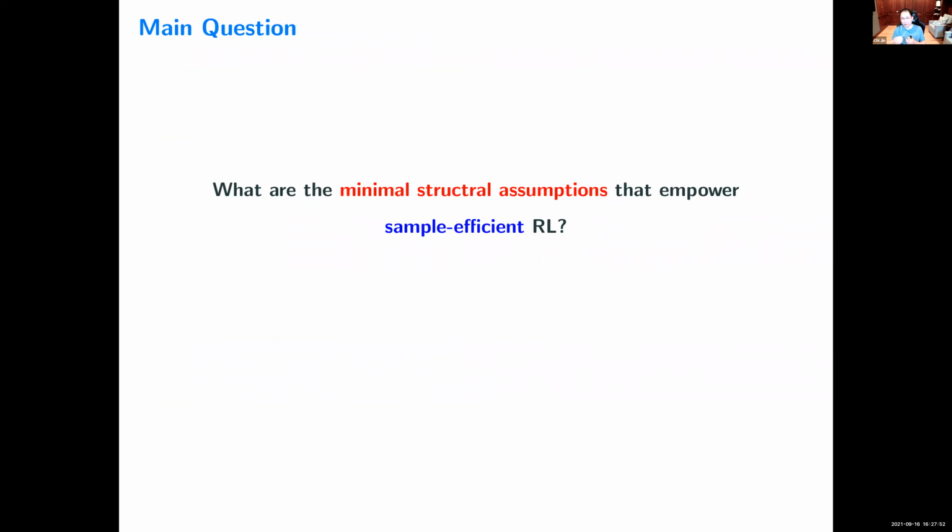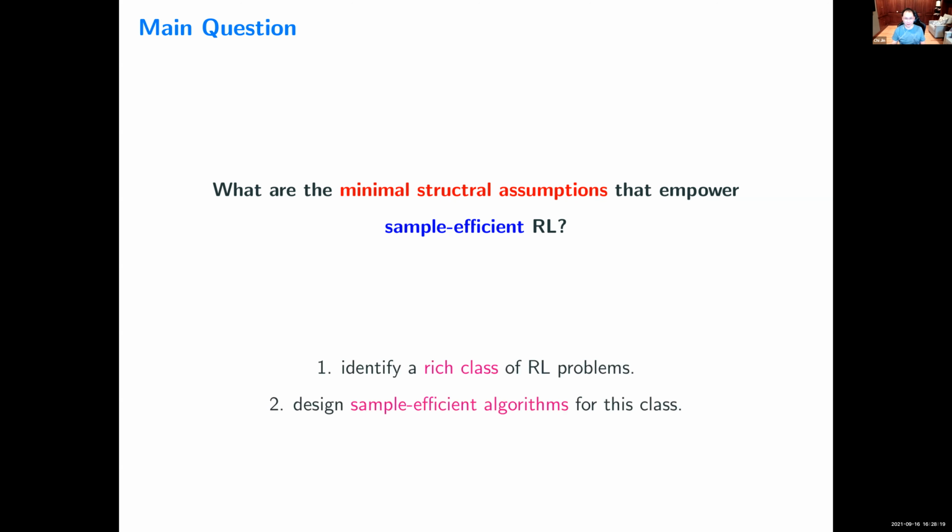So basically, the question we should ask here is, what is the minimal structural assumption I should impose on general function approximation? I just want the richest class of problems so that I can guarantee I can learn them sample efficiently. This is the ultimate question, and clearly it's very hard to say in theory what a minimal structure is. But we can do two steps.